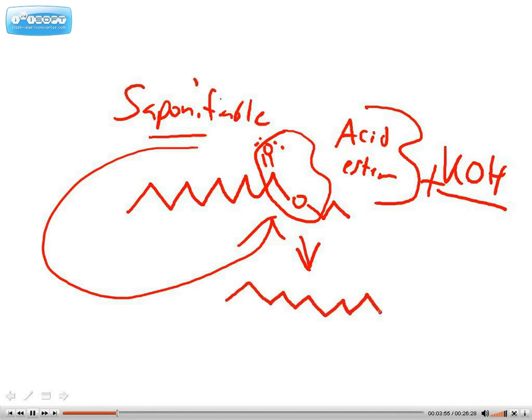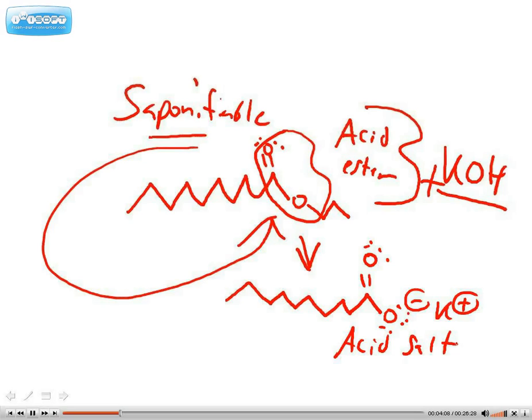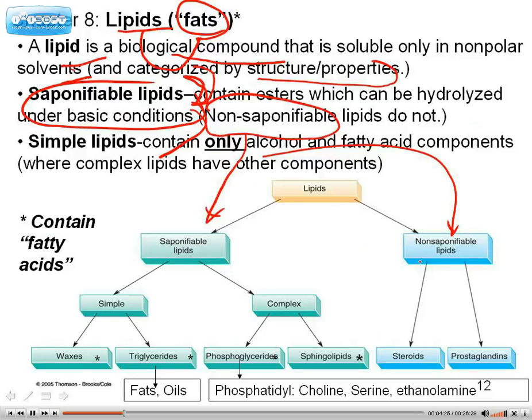I'm probably off on my hydrocarbons, but it'll form an acid salt. So there are various types of lipids which have this type of ester, or an acid, and if you combine a base such as potassium hydroxide, it'll form an acid salt. So this will be considered a saponifiable lipid.